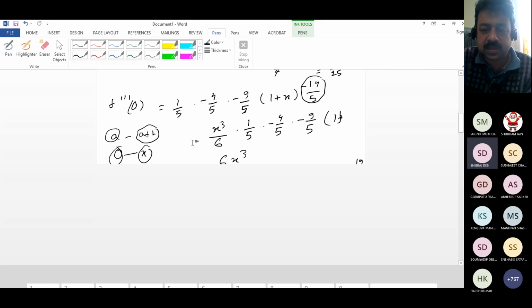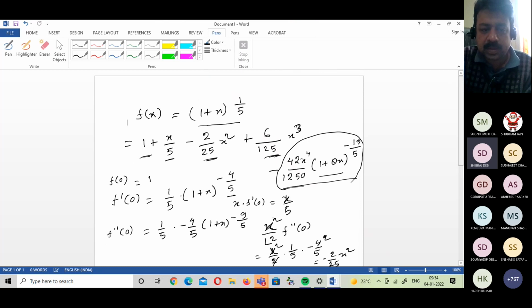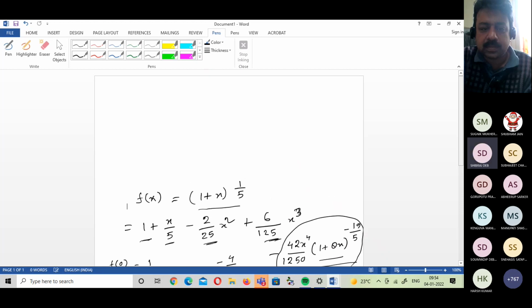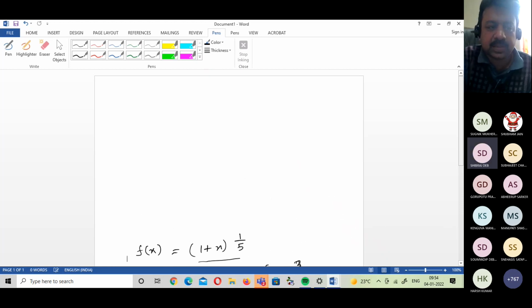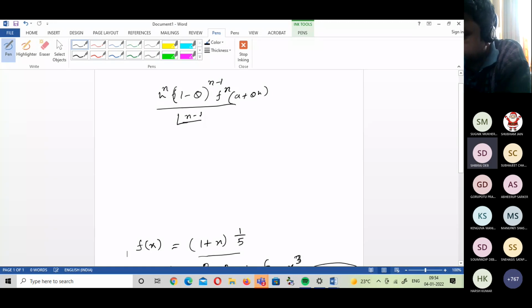Already you have seen that: h to the power n f of 1 minus theta to the power n minus 1, f n of a plus theta h, by factorial n minus 1.